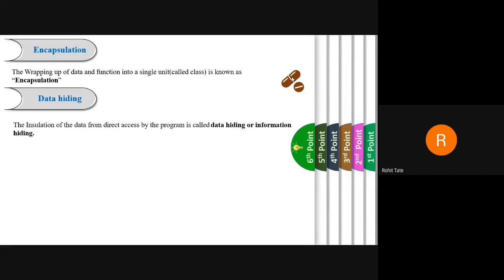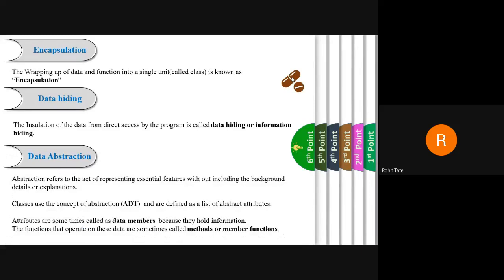The next feature of object-oriented programming language is data abstraction. Now, what is meant by data abstraction? Data abstraction refers to the act of representing essential features without including the background details or explanations. One real-life example I can tell you to make this concept clear: television set, or TV.